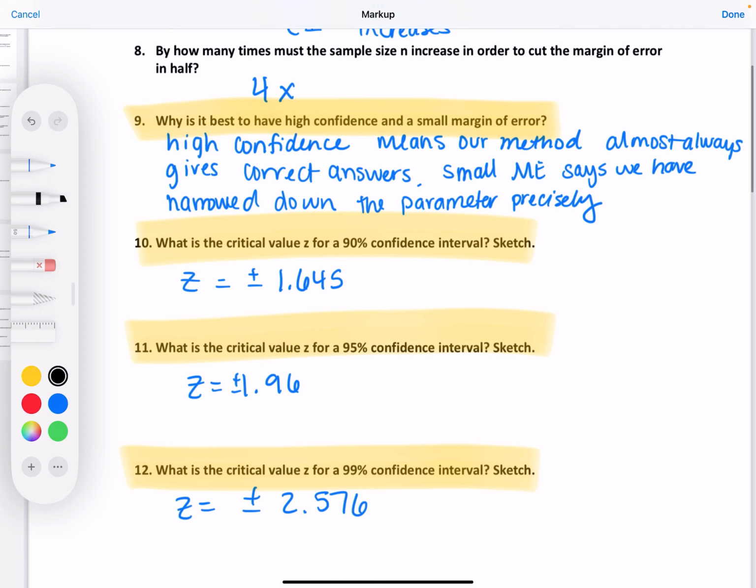So a sketch of this one here. So basically we're looking at the different number of standard deviations away.